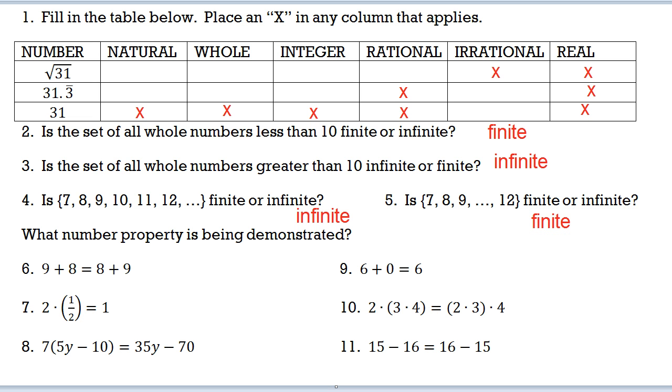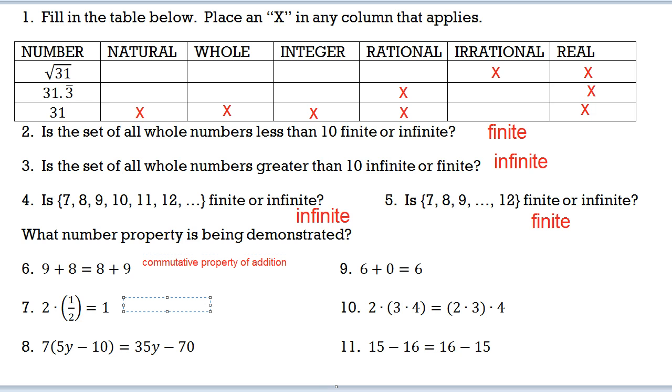All right, what number property is being demonstrated? Let's go through here and let's be as specific as we can here. This property right here, number 6, is the commutative property of addition. It's good to clarify whether you're dealing with the addition property or the multiplication property when it comes up.